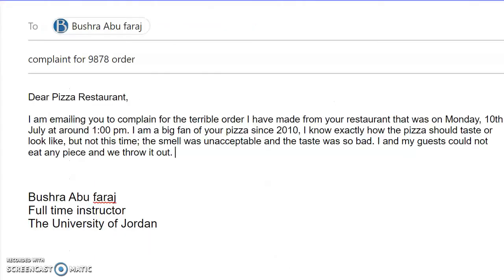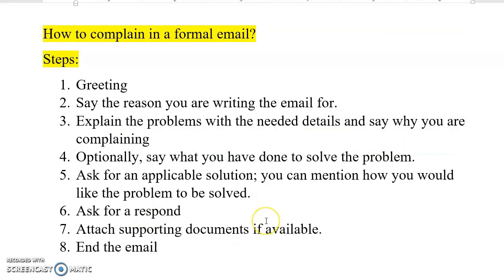In this case, we can say, for example, to reorder or to resend. You'd like them to resend an order for you and for your guests, since you've paid a lot of money for them. You can ask them for that if it is fine.